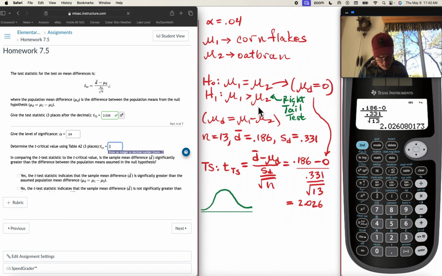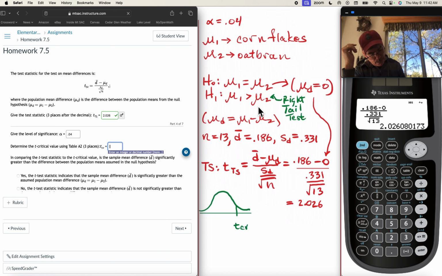And pardon me for being a little neurotic about that. I screwed up. Hang on. Okay, that's better. So on a right tail test, my critical value will be on the right. So this will be my T critical value. The tail will have an area that's equal to alpha. And alpha is 0.04.